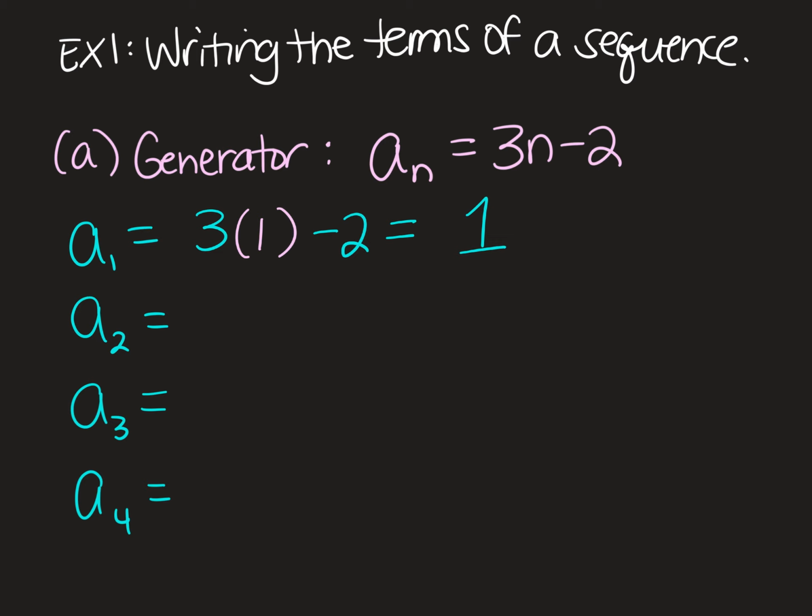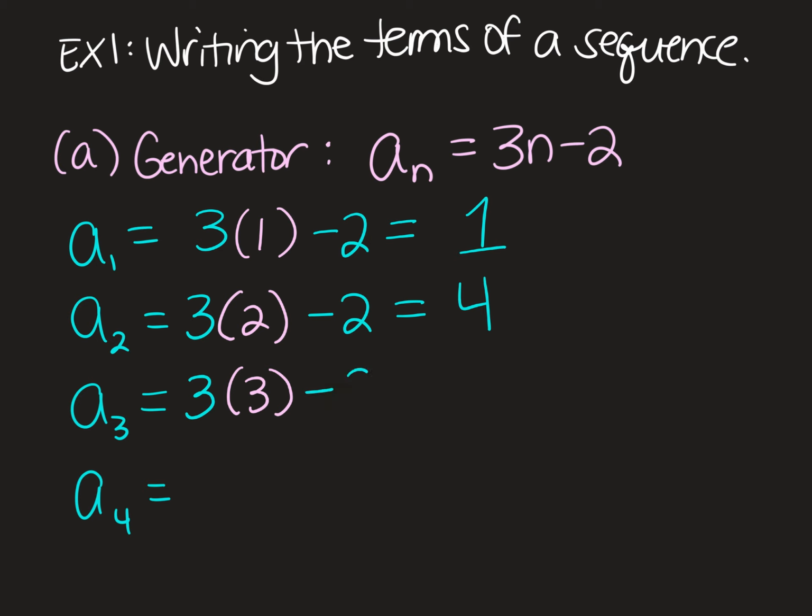The second term of the sequence is what we get when we plug in 2 for n. So 3 times 2 minus 2. 6 minus 2, that's 4. And we could continue this process. So for the third term, we're plugging in 3 for n. So 3 times 3 minus 2. 9 minus 2 is 7.